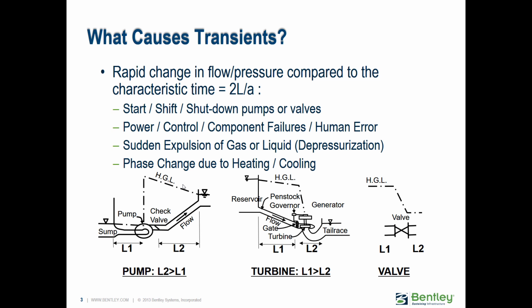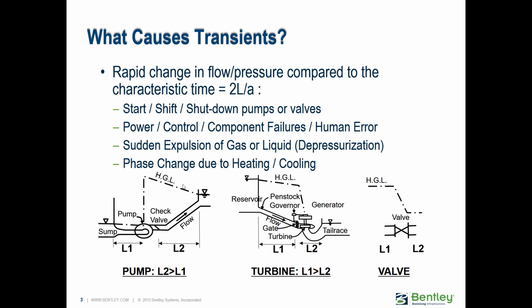So the result of a hydraulic transient is basically a pressure wave that carries the momentum of whatever happens. So valve closing, pump shutting down, whatever it may be. So that energy is transmitted as a wave that propagates down your system.